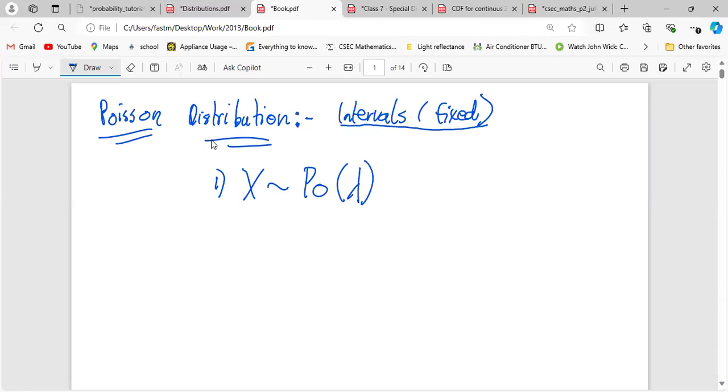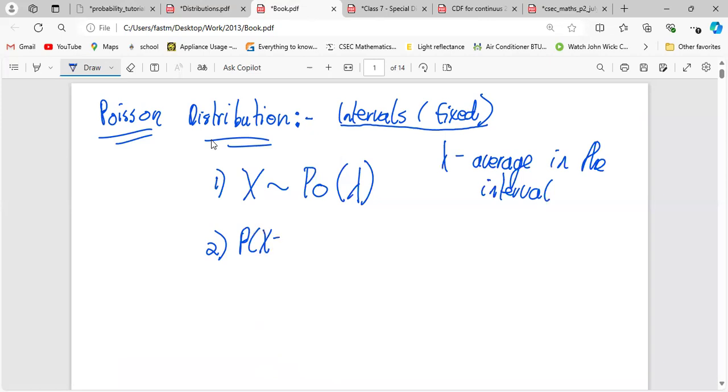Lambda is the average in the interval, whatever interval they give you. In any question, they basically give you lambda, because they say on average. So that is pretty much it.